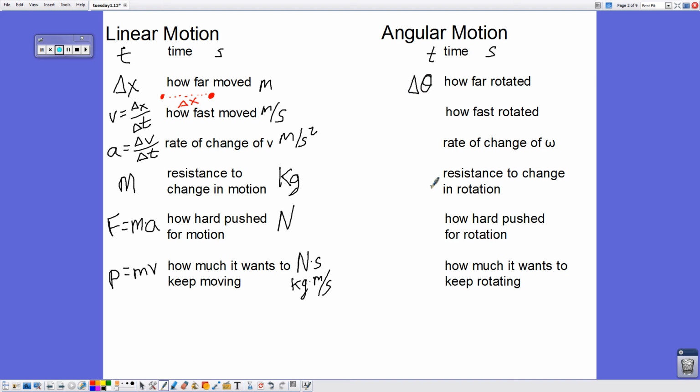So I'm going to slap that on there to remind us, more than anything, that what we're talking about is not where you are on a circle, but the movement from one position on the circle to another position on the circle.